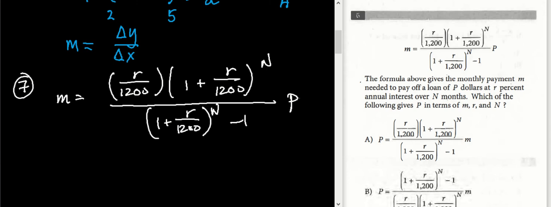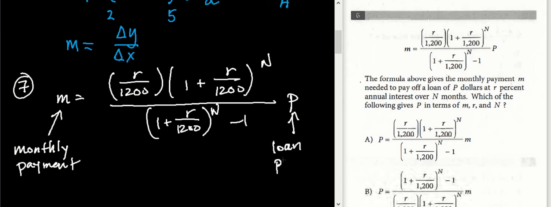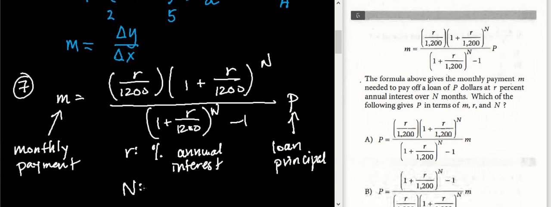Just for our mathematical culture, we should try to understand what the different quantities in this equation are. M is our monthly payment for a loan of P. So this is our loan principal, where we're paying back the loan at R% annual interest over N months, so number of months.